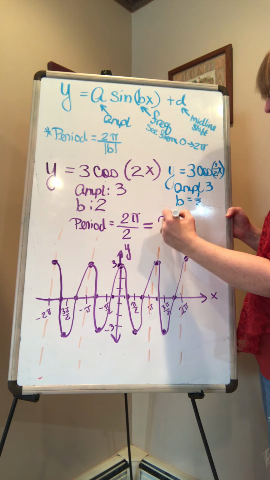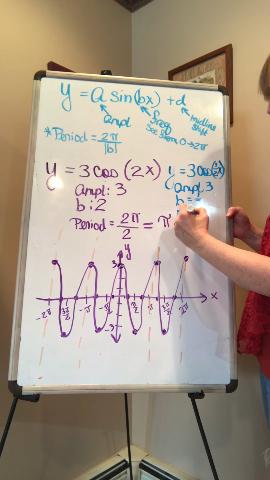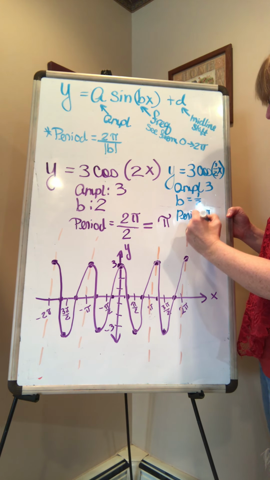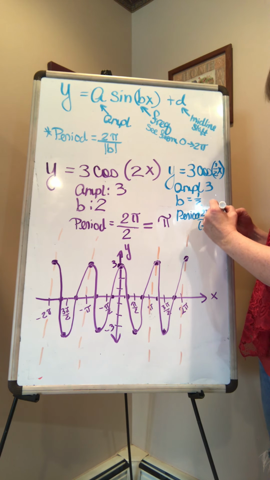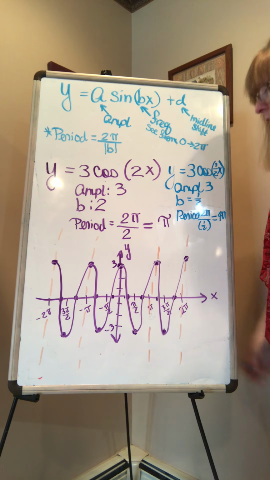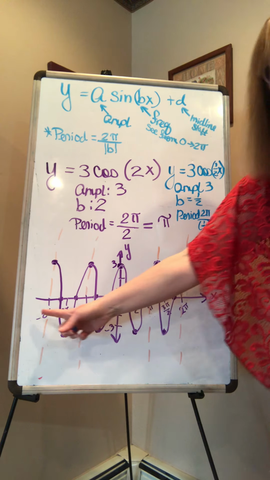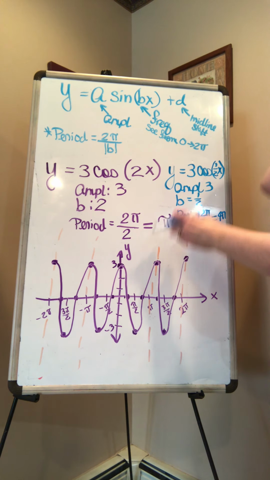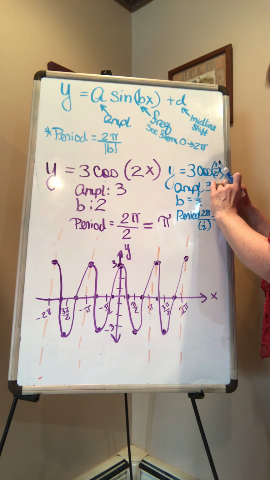So again, for the period, you're dividing 2 pi by 1/2, and that actually gives you 4 pi. Now look, I literally have 4 pi on this graph now. It's just that to do this right, I'm going to start on the positive side.